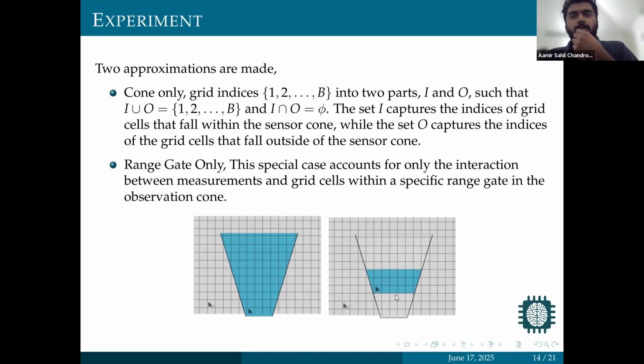And they mentioned that the range gate only essentially limits it to looking at a particular range of the measurement, like in the J1 to K, only a subset of that is considered.